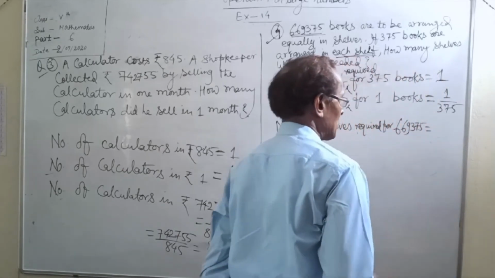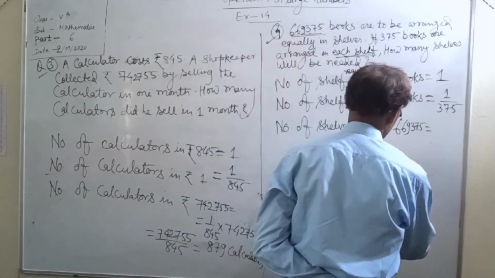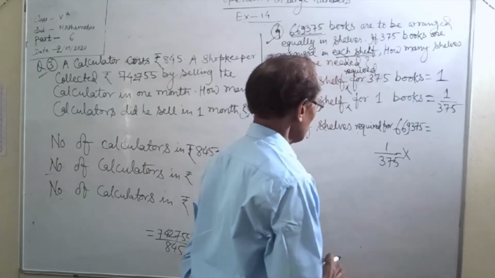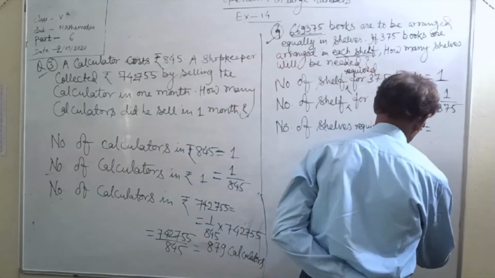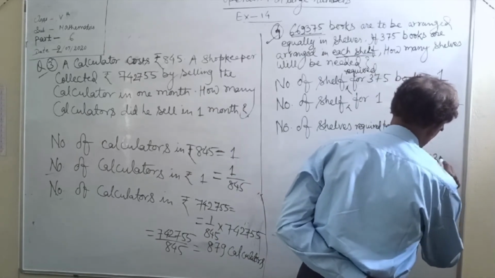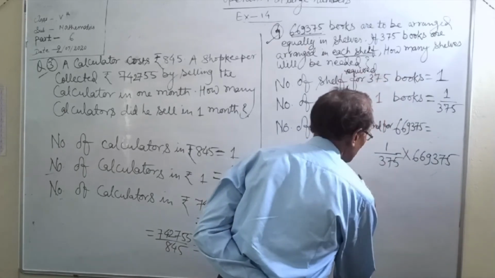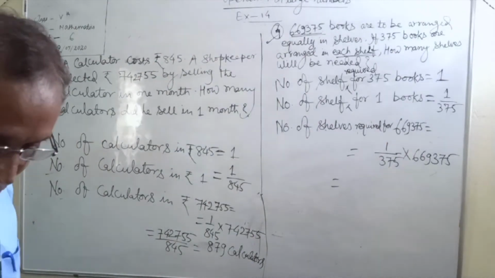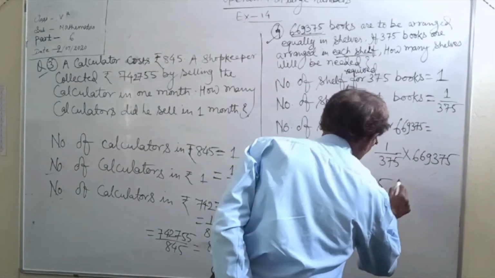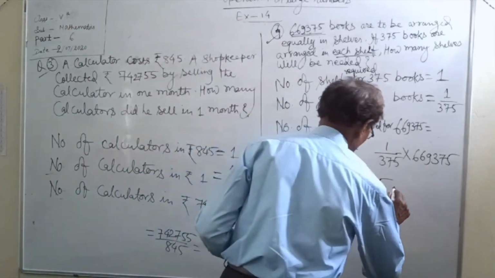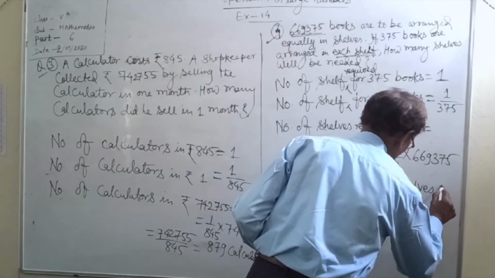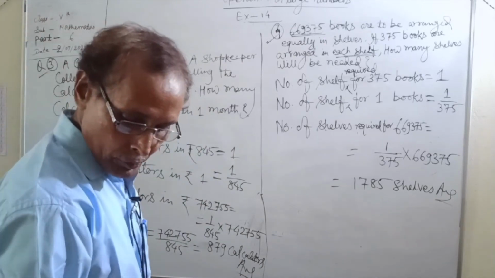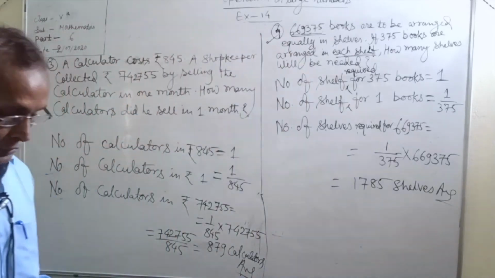For that value, the number of shelves will be more, and for more first add down the value for 1, and in that value multiply the value of the number of books, total number of books, for which you have to find out the number of shelves. And after dividing, you will get the number of shelves. Number of shelves will be 1785. Again, come to the next question.